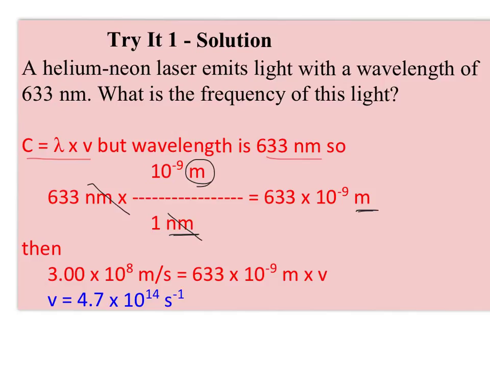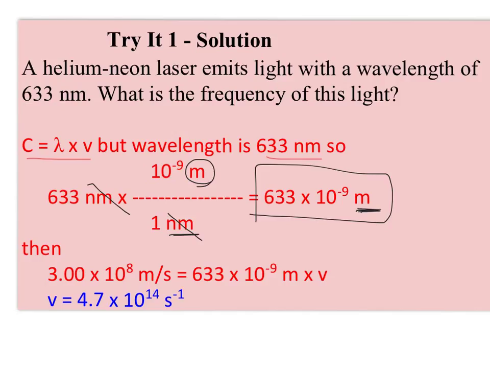And I chose to use the conversion factor from off the helping hand that says 10 to the -9th meters are in 1 nanometer. And I'm just going to leave this as 633 times 10 to the -9th meters.